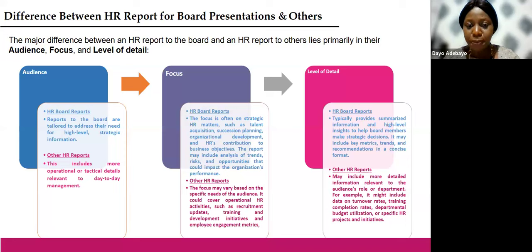Still under focus, for other HR reports, we focus on the specific needs of the audience. It will cover operational HR activity, such as recruitment updates. For example, in your management reports, you are showing them recruitment updates in the sales department. Okay, you've recruited, this is pending. Let me use another example.